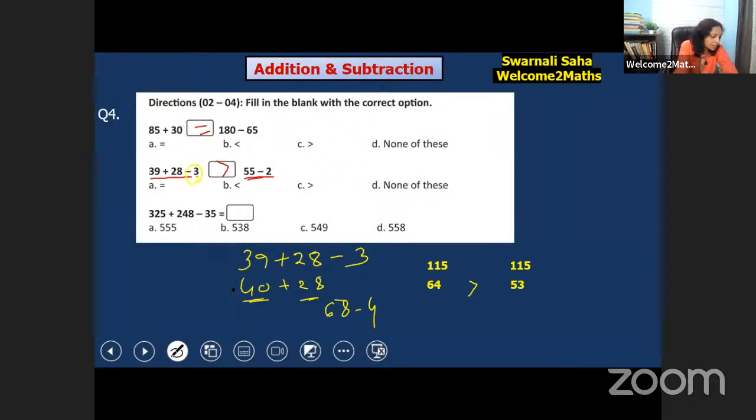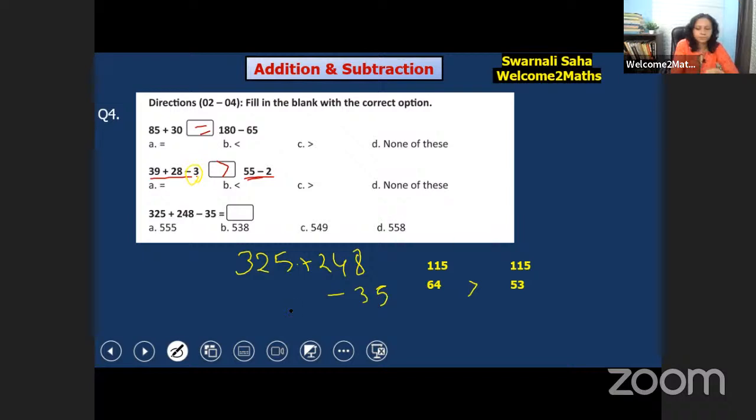Now next one, 325 plus 248 minus 35. What would that be? This would be how much?